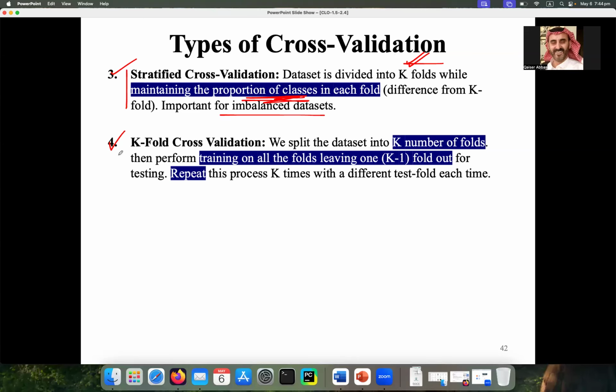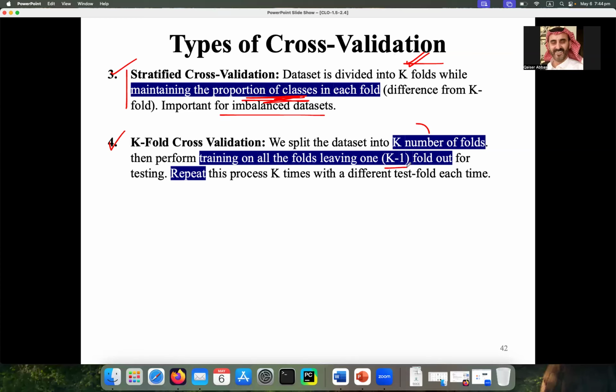And now the fourth one is k-fold cross validation. Again, you have a data set, and you will divide it into k number of folds. This k can be 5, can be 10, can be 20, whatever. You will take one fold out of this k, so you are calling it k minus 1 or whatever, and then you will get the training of your model.